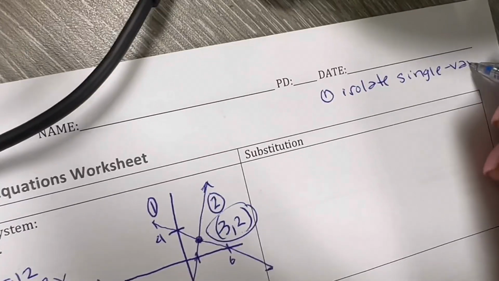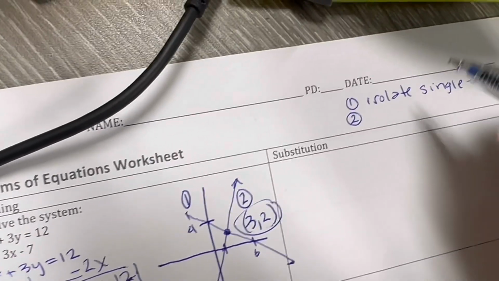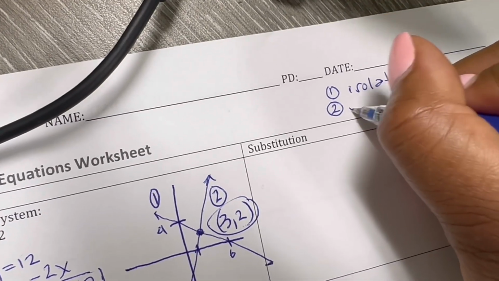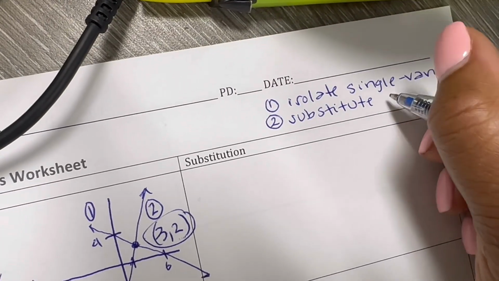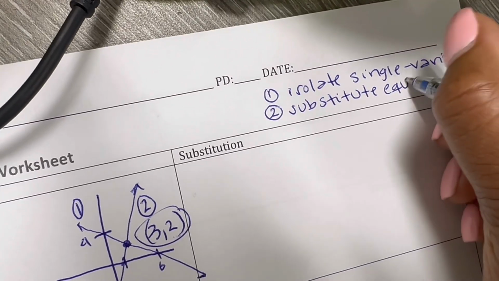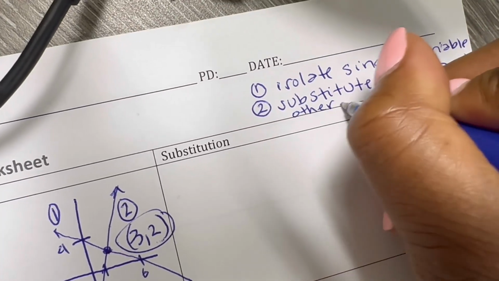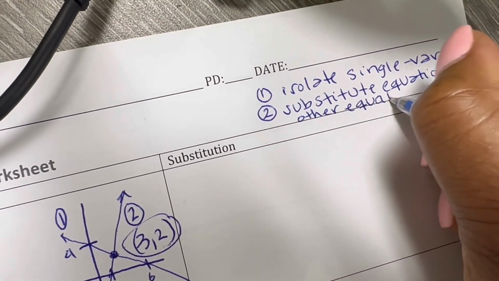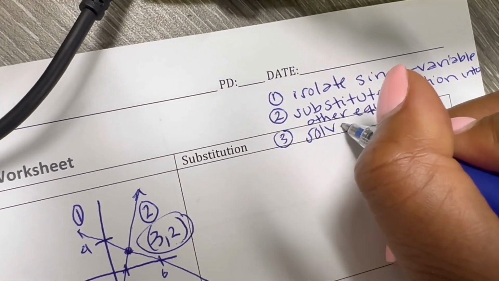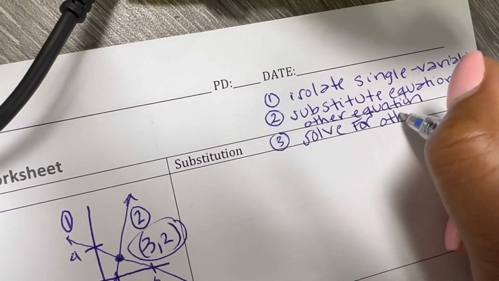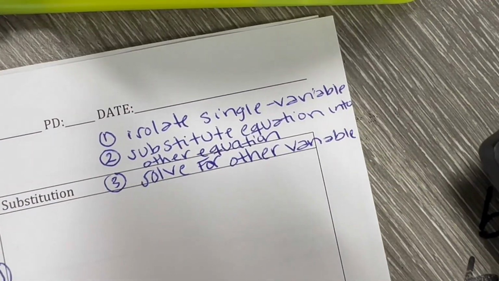Your second step is to substitute, aka plug in, one equation into the other equation. The third step is to solve for the other variable. Make sure you write your steps to success.